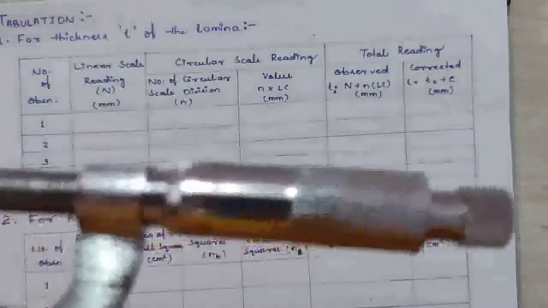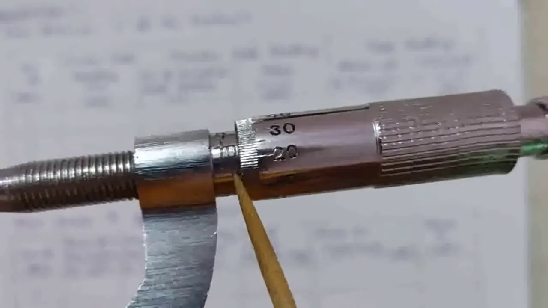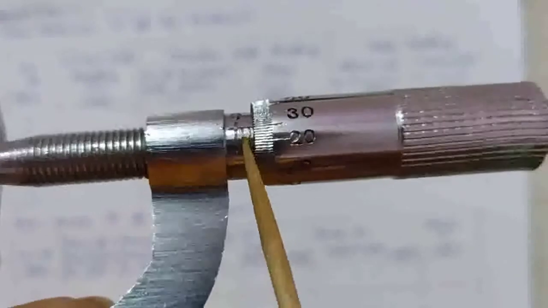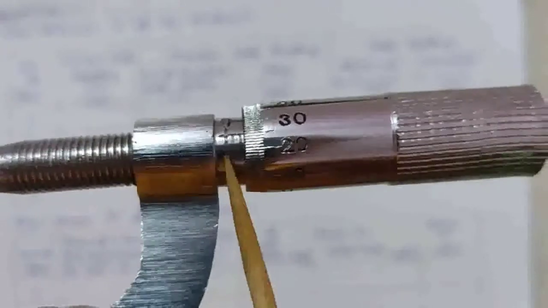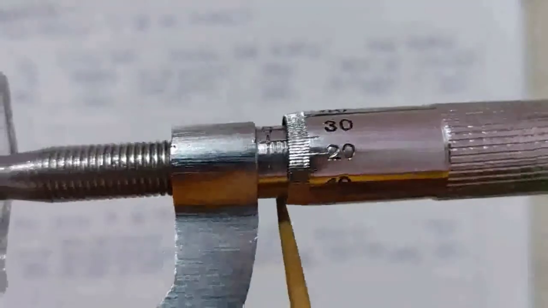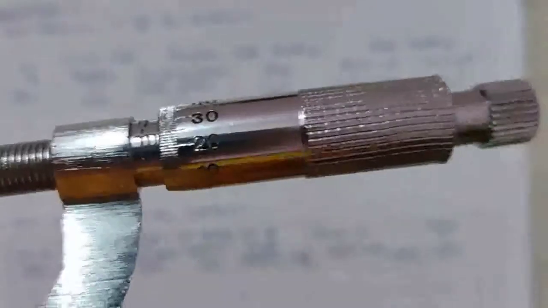Let us notice this linear scale observation, linear scale division, that is equal to, okay, we can take it as 2 because it is slightly greater than 2 but not much, so we can take it as 2 millimeter, as you can see here. Let me show it clearly to you all.